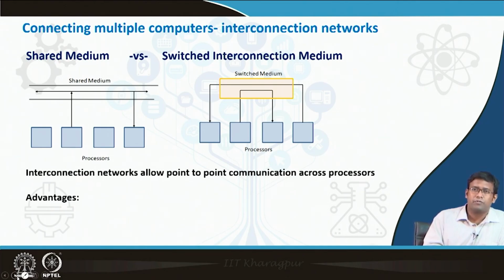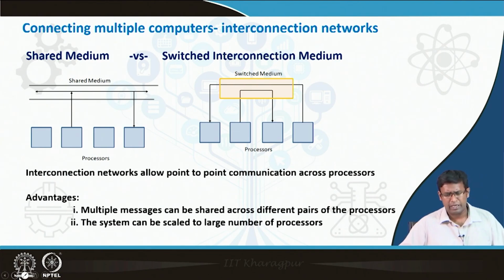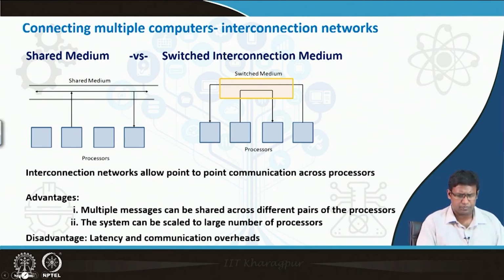I showed you in our first class discussion that there can be 100,000 computers connected together. Interconnection networks allow point to point communication. The advantage is that multiple messages can be sent across different parts of the system, and the system can be scaled to a large number of processors, as we have told you.